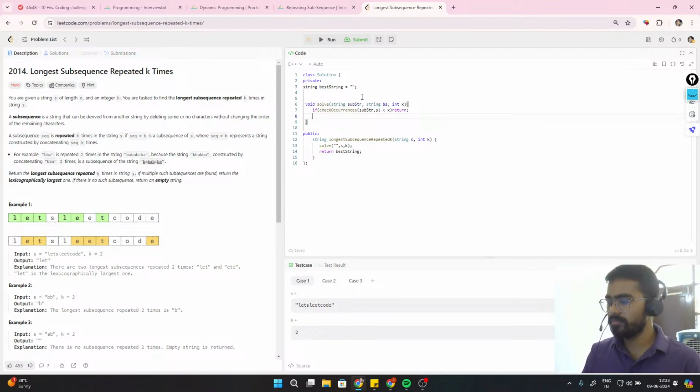If it is not, then I need to check if the length of this substring is greater than my best string.